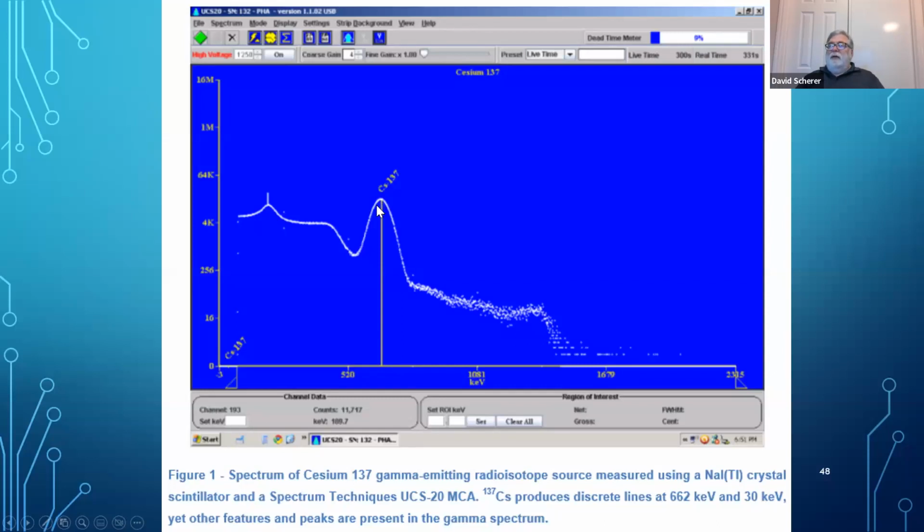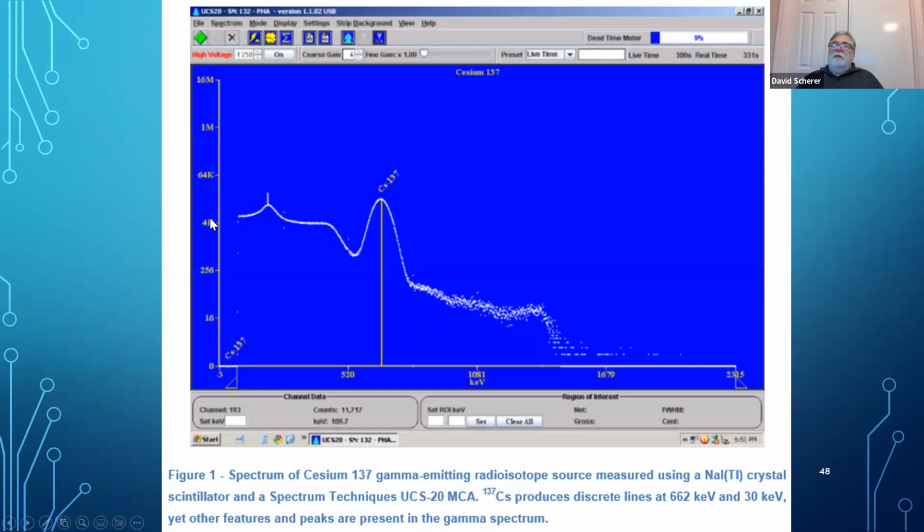In this case, the signal can be calibrated to cesium-137. We use cesium-137 to expose it, so we know where the photoelectric peak is. That corresponds to the energy of a cesium-137 gamma ray, which is 662 keV.